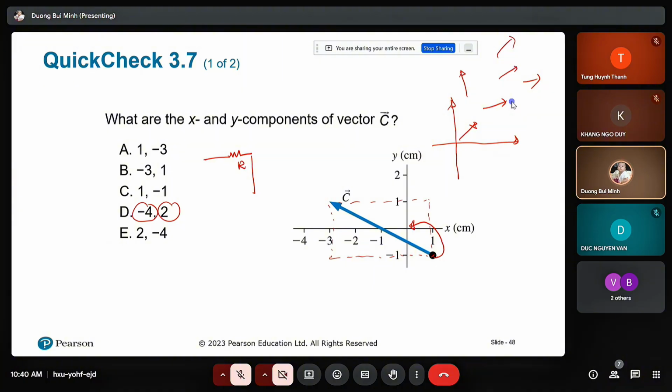Try to make familiar with this because you are electrical engineers in the future. If you cannot draw the vectors, oh my God, don't do it. Do you understand? Good.